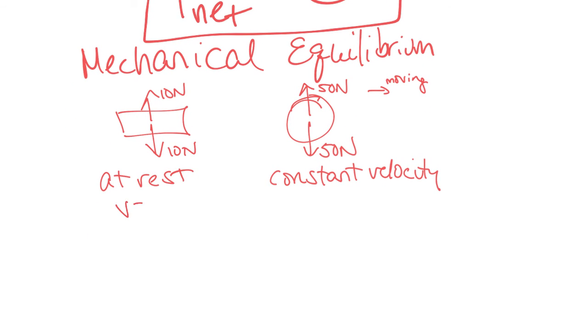So, v equals 0 or v not equal to 0. If something's at rest, v equals 0. If something's going at constant velocity, v's not 0. Everybody cool with that? There are words that we use to describe these two kinds of equilibrium.